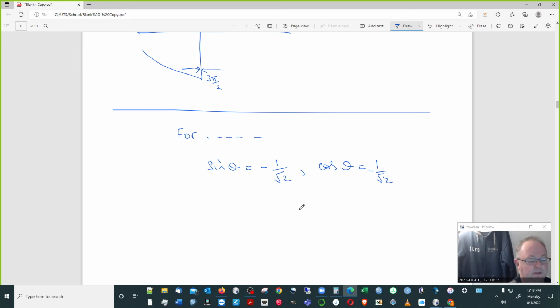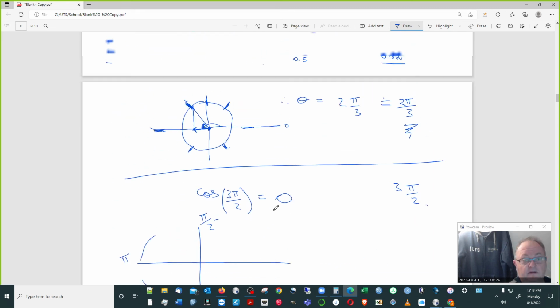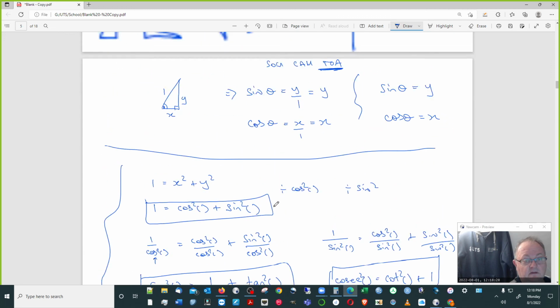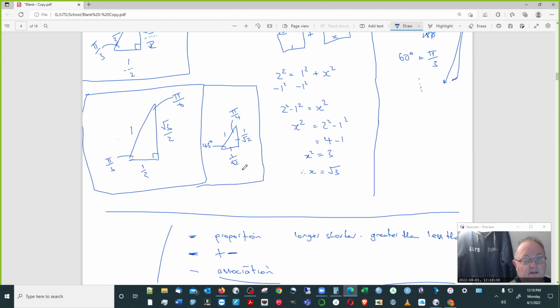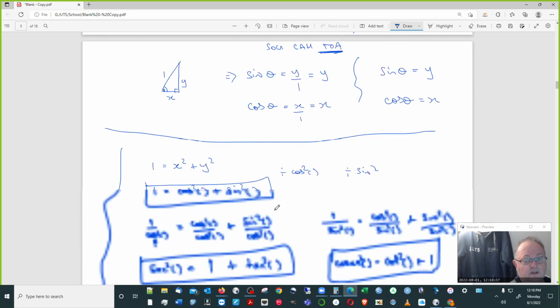What's the proportion? What do you notice about the proportion? Is there a longer, smaller than, or are they the same? They're the same. So without even thinking, it's this one. What's the angle? 45 degrees, which is pi on 4.